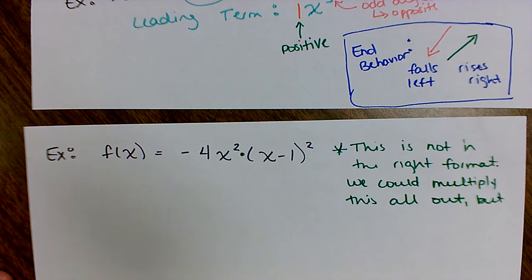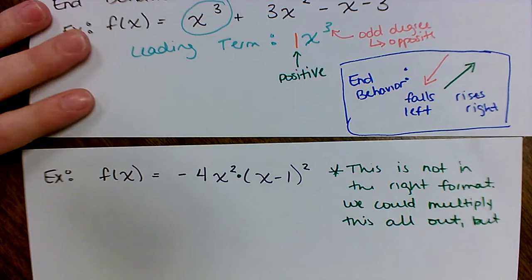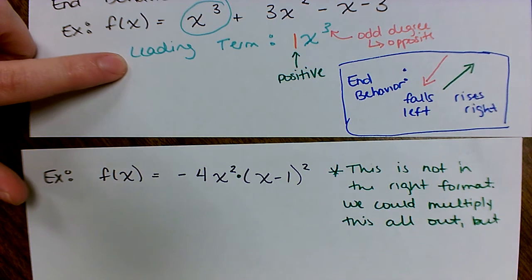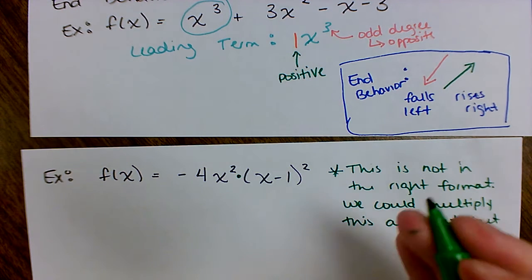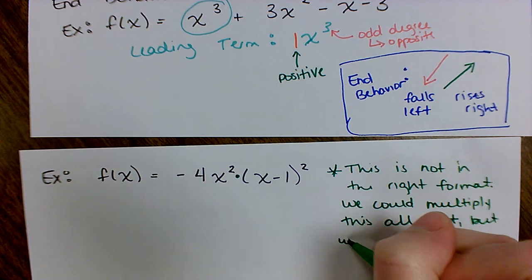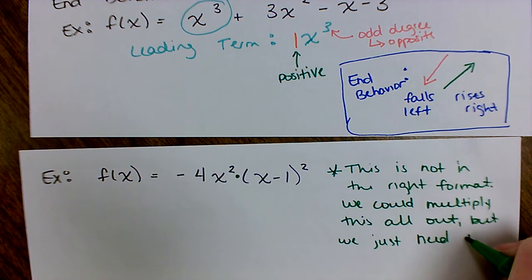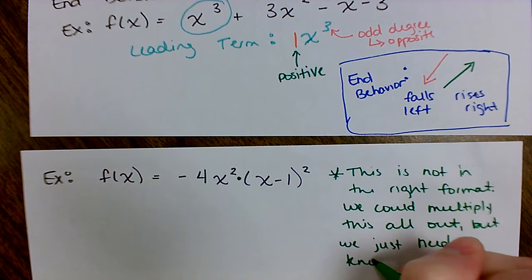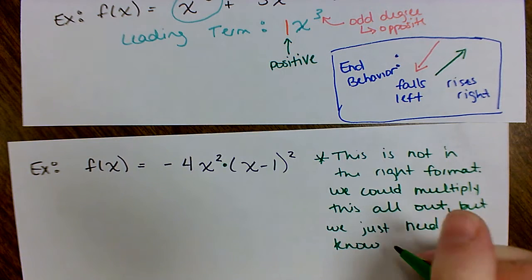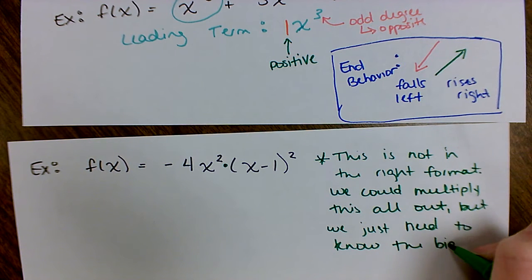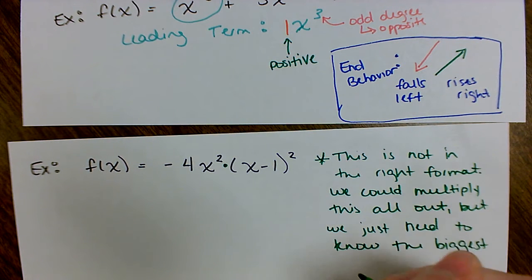But first off, multiplying that all out is going to be a really big hassle, and I don't need to know all of it because I'm only looking for the biggest piece, or the biggest term.